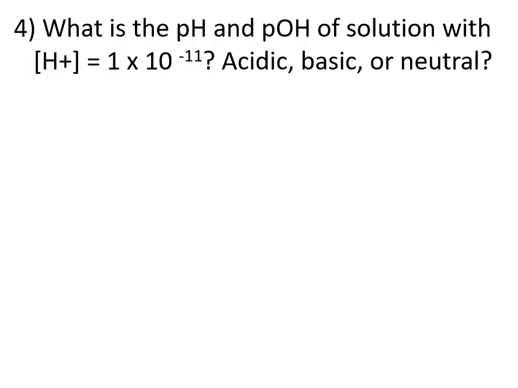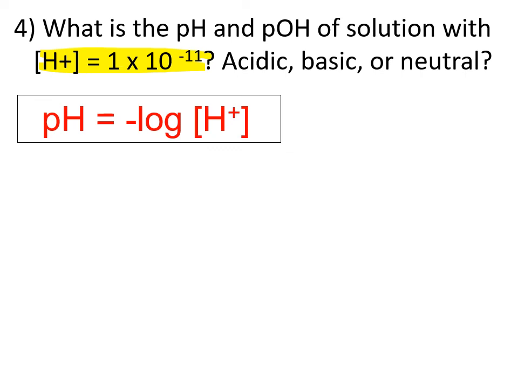And here's another one. What's the pH and the pOH of a solution with H plus equals 1 times 10 to the negative 11? And then is this acidic, basic, or neutral? We're going to use this formula because we have H plus to find the pH. And put that in your calculator.